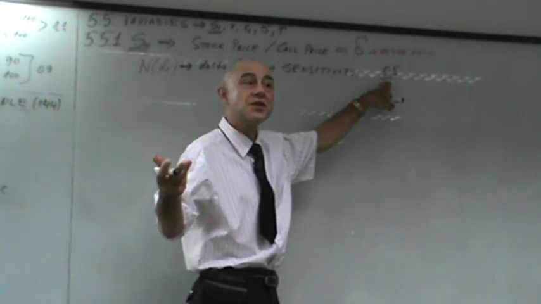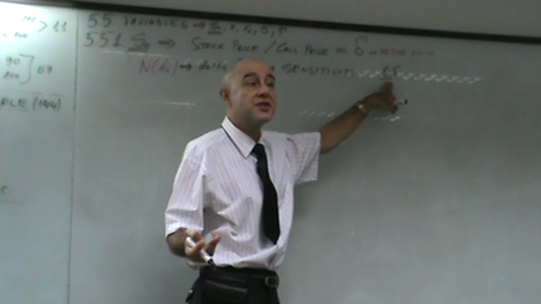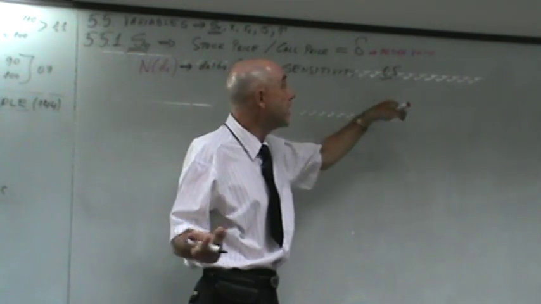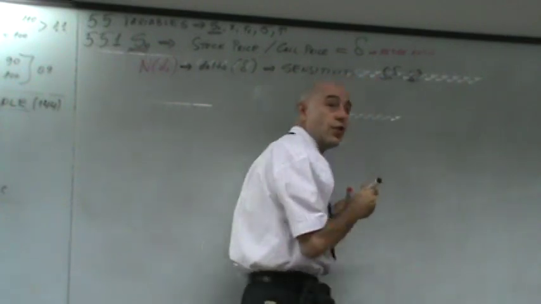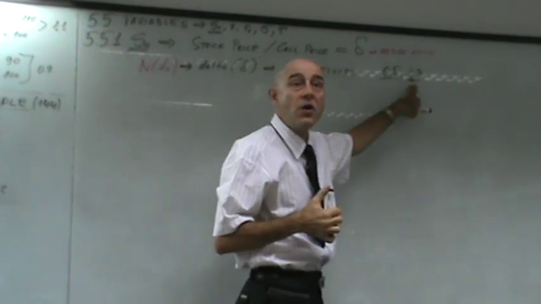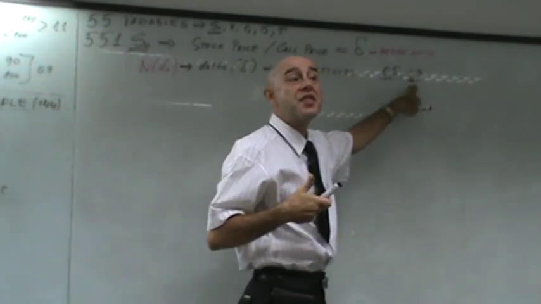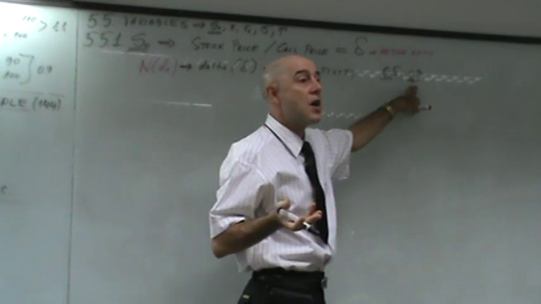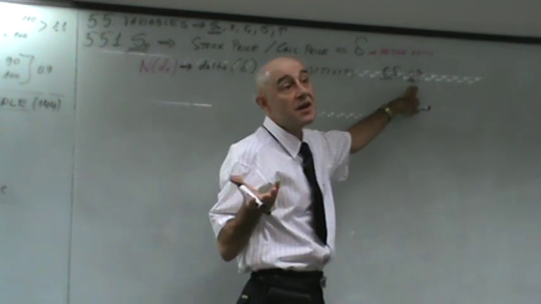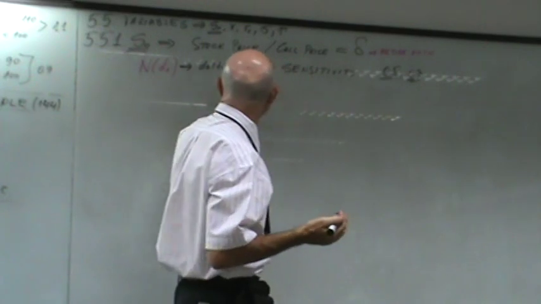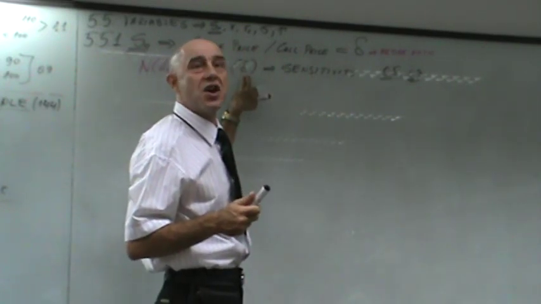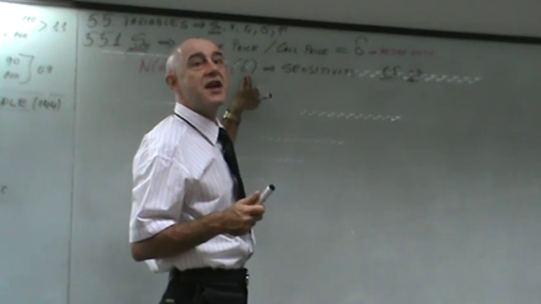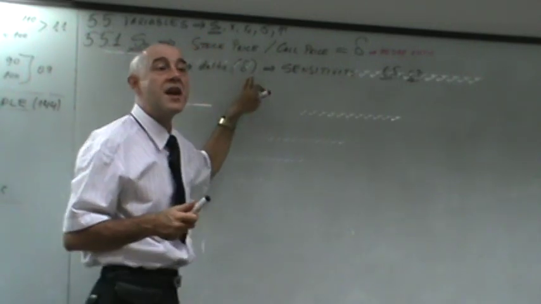So for 1,000 calls, you need 500 stocks. Well, if it's 0.3, it's the same thing. For 1,000 calls, you'll need only 300 stocks. It's as simple as that. So this tells you the number of shares to remain hedged.